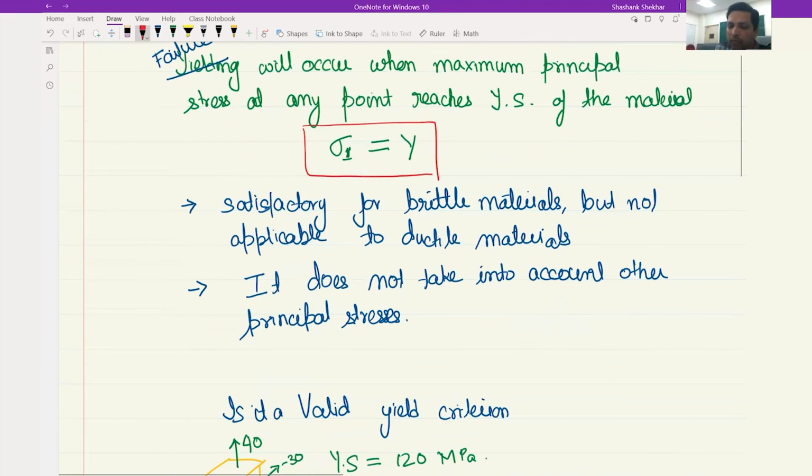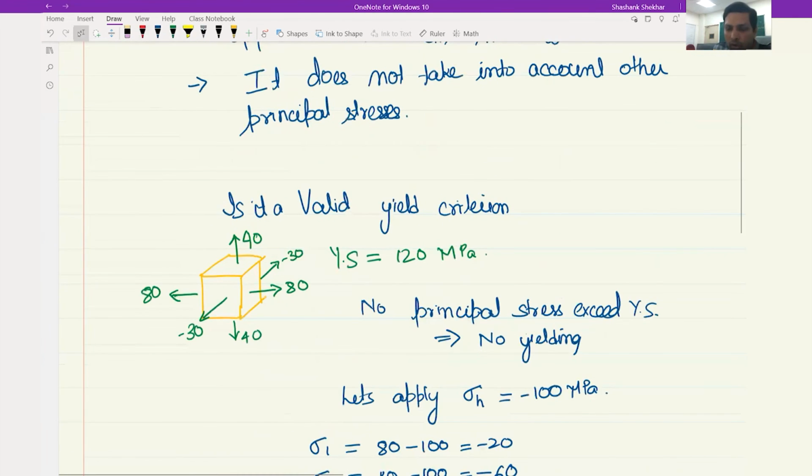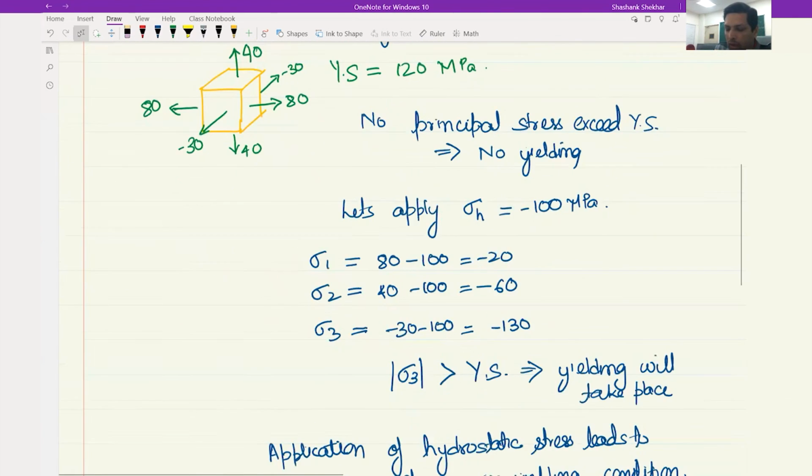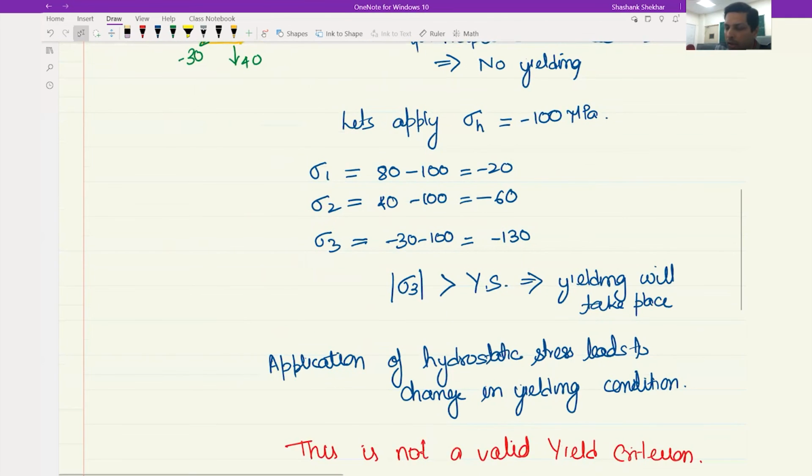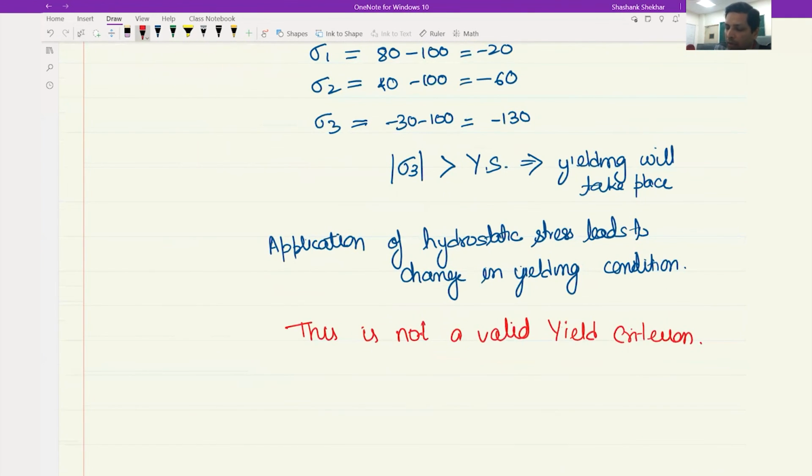Over there, it is known to be satisfactory for brittle materials. Therefore, we should not use it for defining the yield condition of the material, because we can clearly see that application of hydrostatic stresses makes a difference over here.